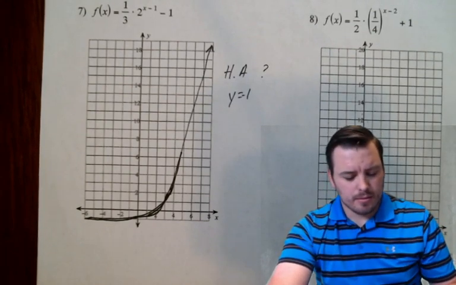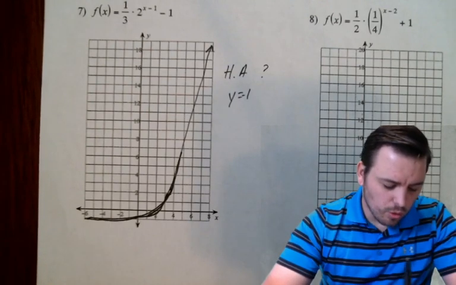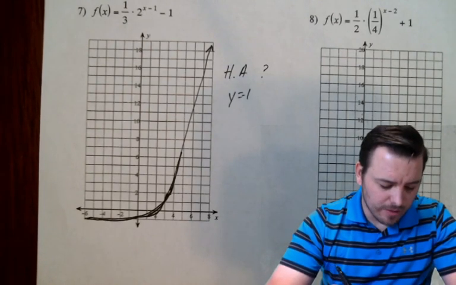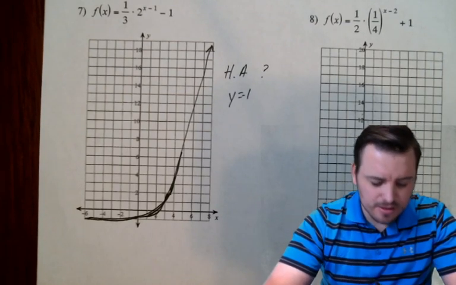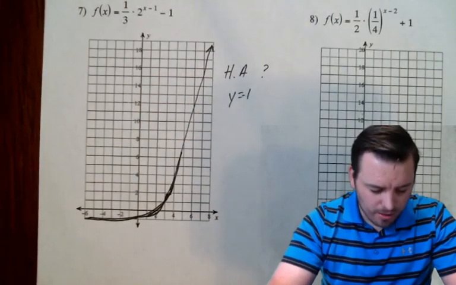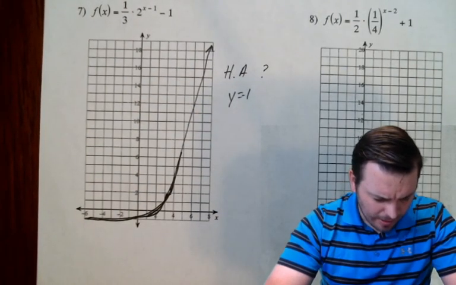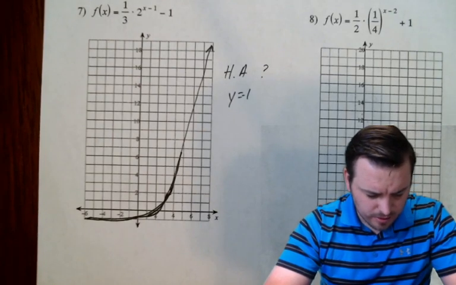You did have to do the other information. Yes, correct. Yes, Lucy, you had to do all the other information on these as well. Abby, number 8, the horizontal asymptote would be 1. Okay, looks like everybody else is good.